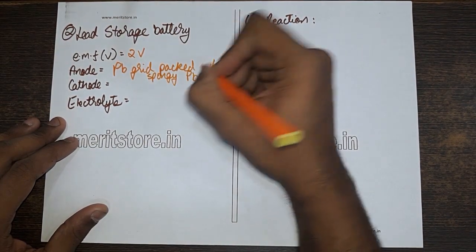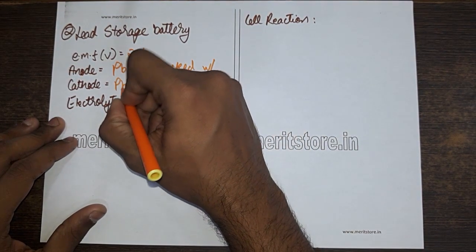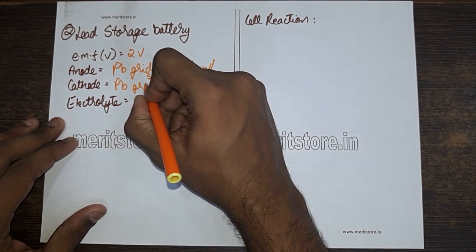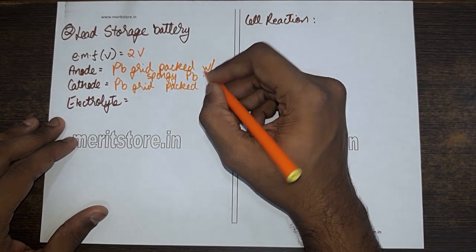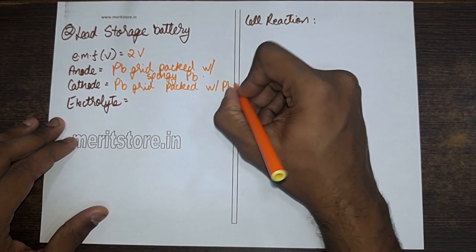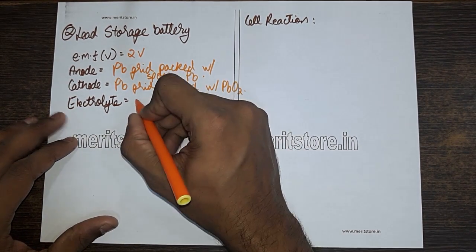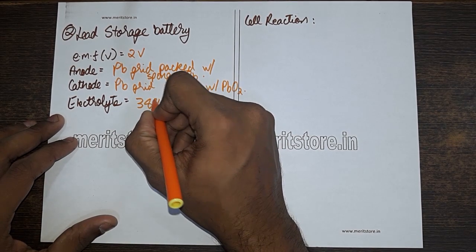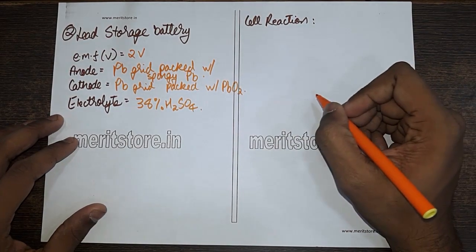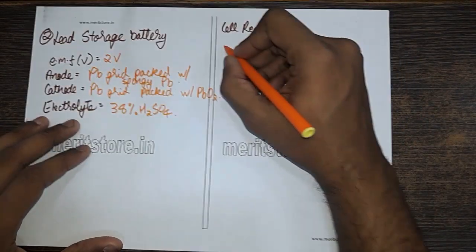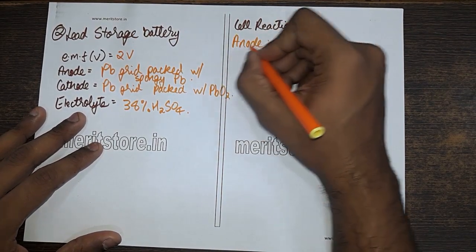The cathode used here is a lead grid packed with lead oxide, PbO2. The electrolyte used here is a 38% H2SO4 solution.